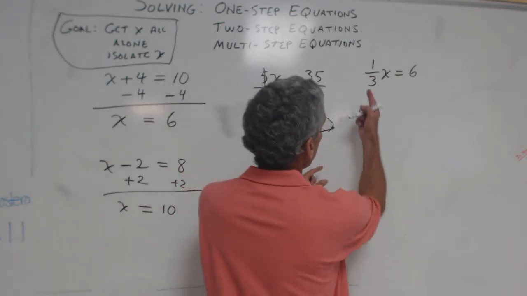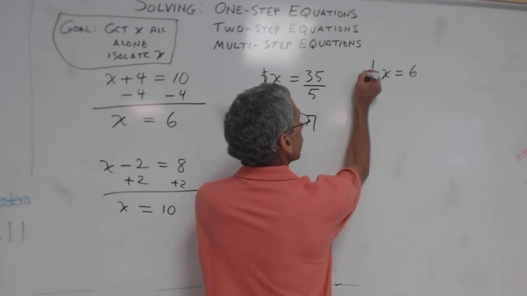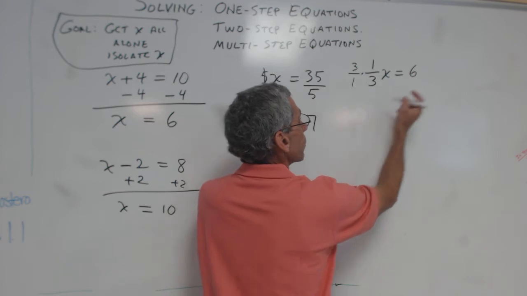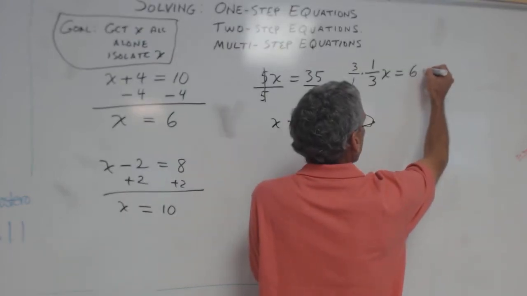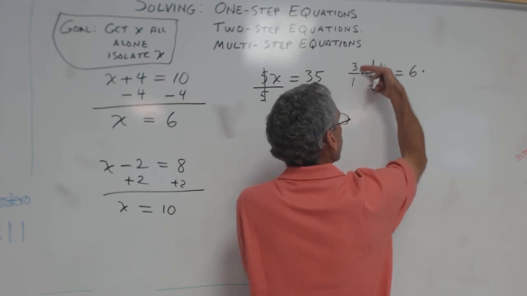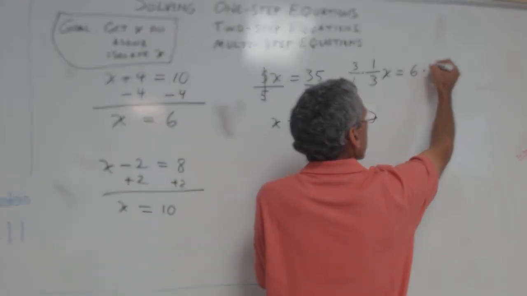So if I multiplied this by its reciprocal, 3 over 1, that's the reciprocal. I'd have to do the same thing here. Do I have to write 3 over 1 here? No. Do you guys all agree that 3 over 1 is the same as 3? Yeah. So I could just write 3 here.